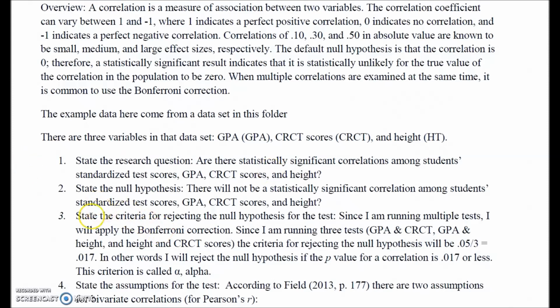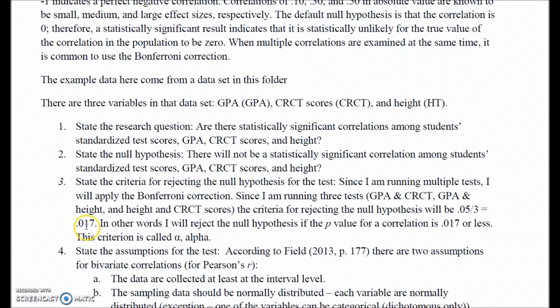As I explained, my level of significance, the alpha value, which is what the p-value is compared against when I am doing my correlation, is going to be 0.017. So I reject the null if the p-value is less than or equal to 0.017.